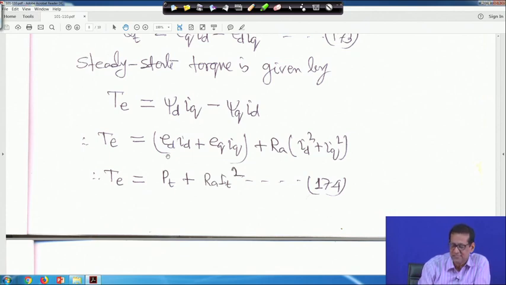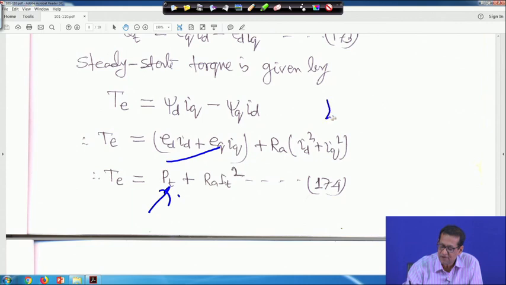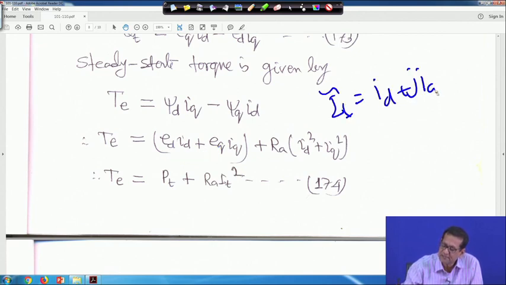This Ed Id plus Eq Iq is my power Pt, as we have just seen, and this is Ra It square, because It tilde is equal to Id plus jIq.